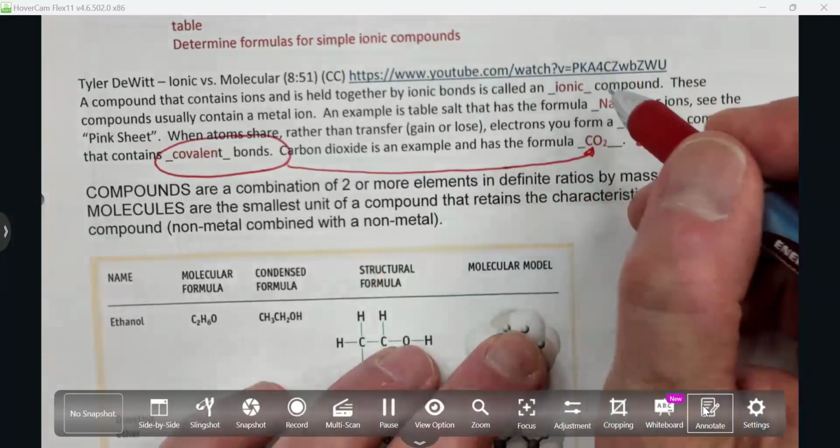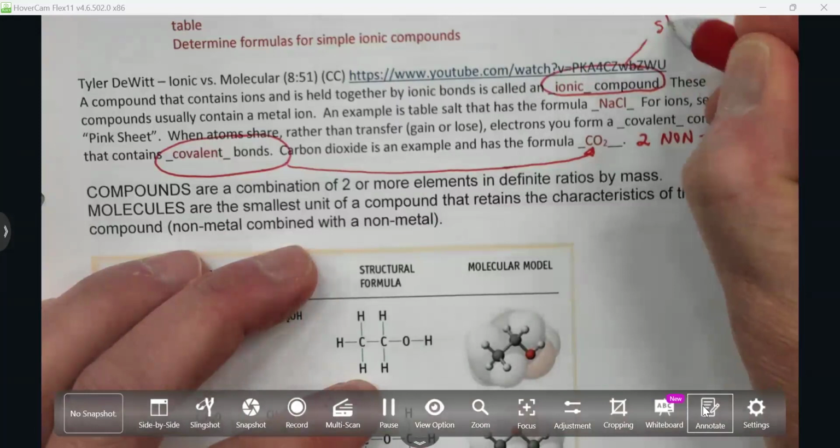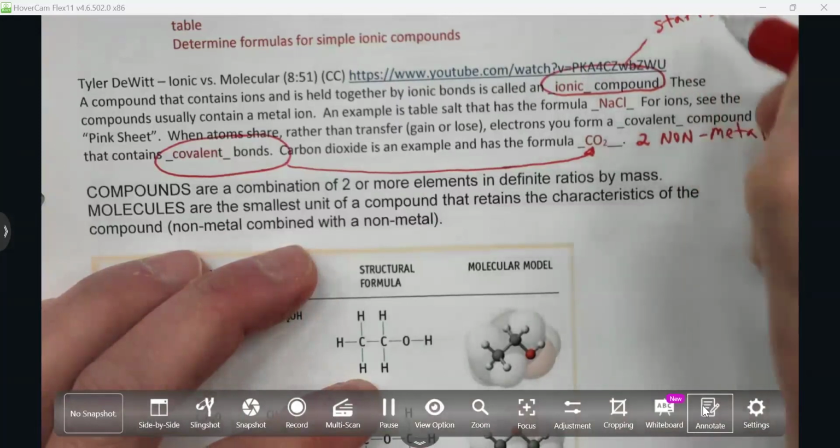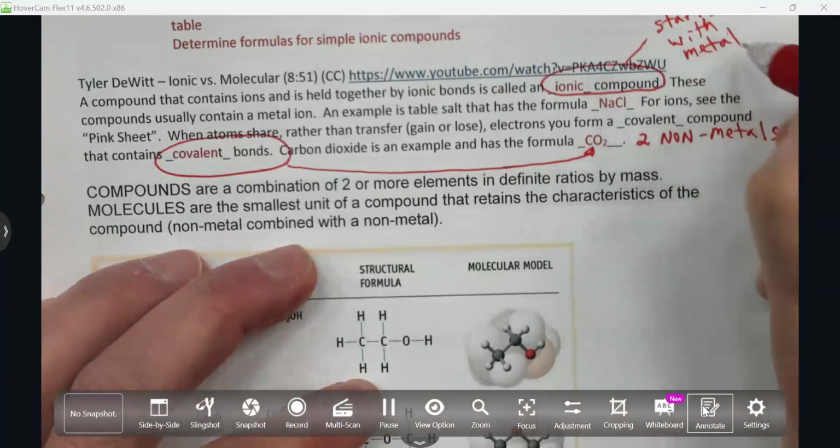An ionic compound starts with a metal ion.